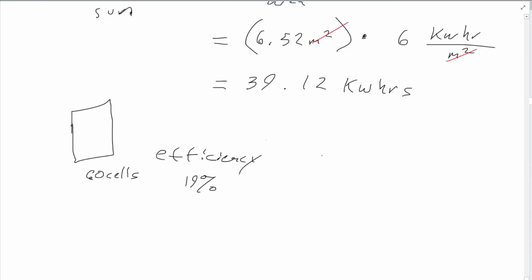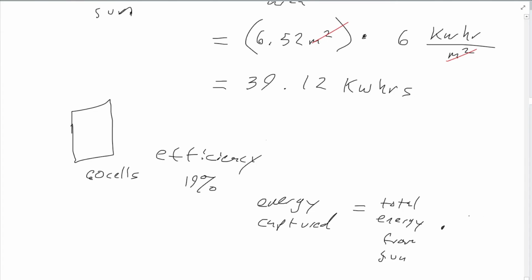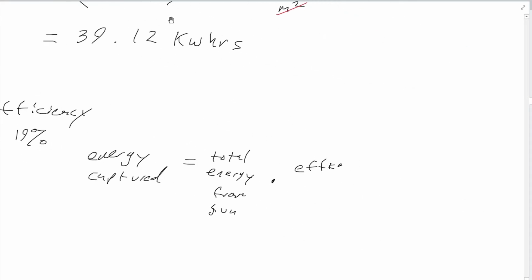So to work it out, the energy actually captured is just equal to the total energy from the sun, multiplied by the efficiency of the panel. Fairly straightforward in this case.